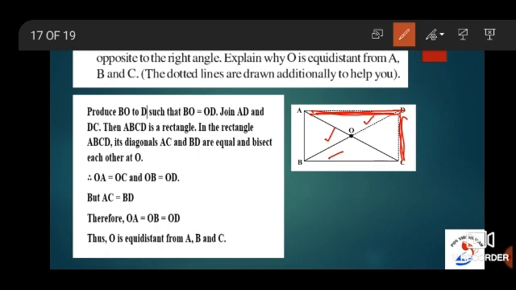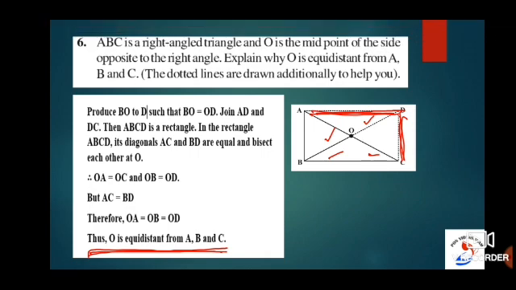In the rectangle ABCD, the diagonals AC and BD are equal and bisect each other at the point O. So you can say OA is equal to OC and OB equal to OD. But in a rectangle the diagonals are also equal, that is AC is equal to BD. Therefore OA will be equal to OB, that is equal to OC, which is also equal to OD. To conclude, thus O is equidistant from all the 3 points A, B and C.